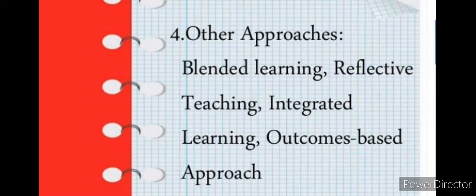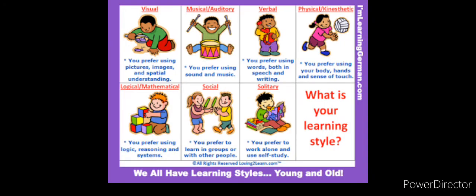But teachers have to take into consideration that the different strategies should match the learning styles of the students. Then we all know that students have different learning styles. So there are many classifications of learning styles according to different authors.